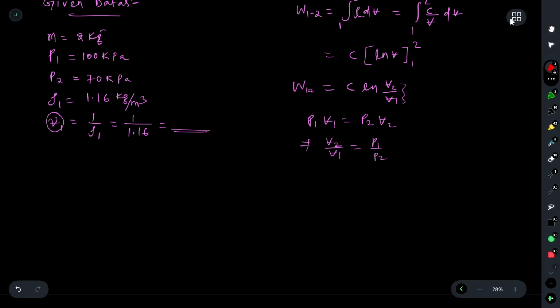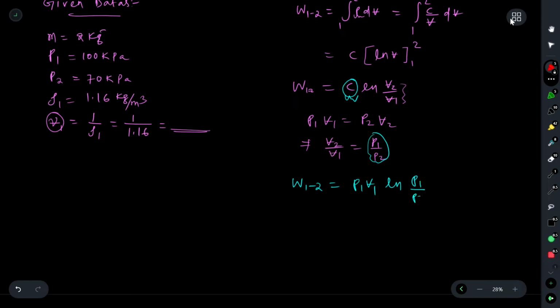So let us write it. W1 to 2 will be equal to this C. I am replacing this C by P1 and V1, the properties of state point 1. So that is P1 and V1, and ln V2 by V1 will be replaced by P1 by P2, right?